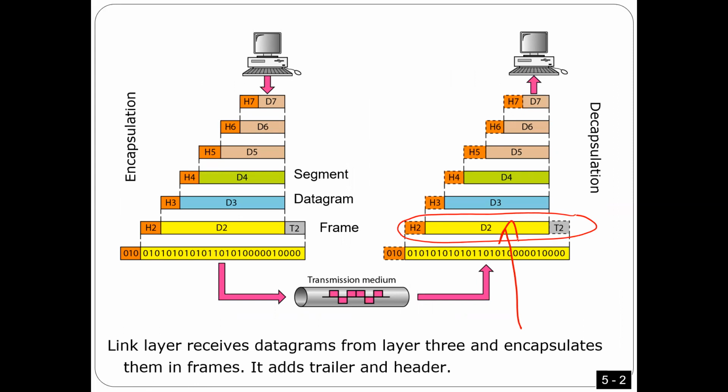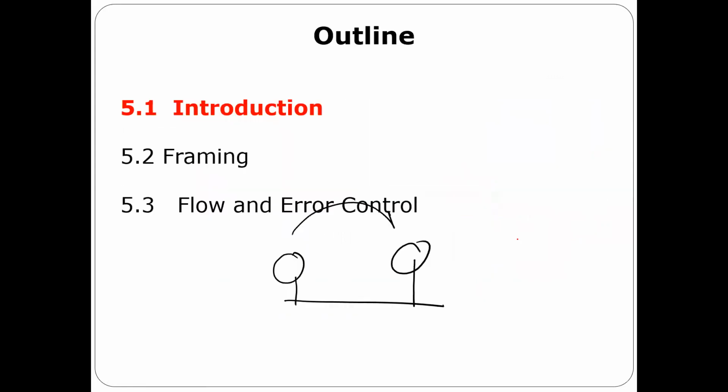What this layer has to do is cut this stream of bits into frames. That means it should identify the beginning and the end of each frame.